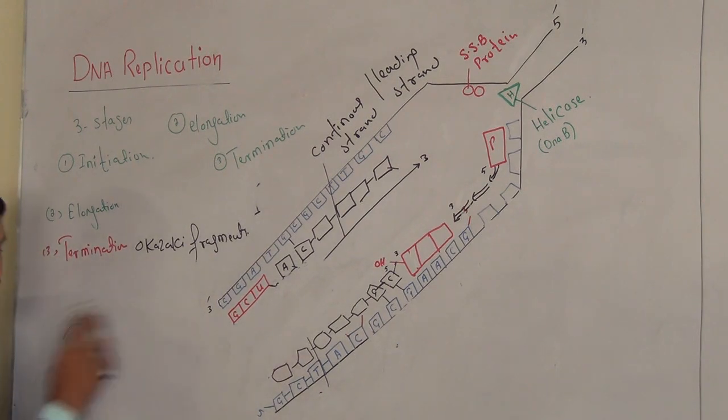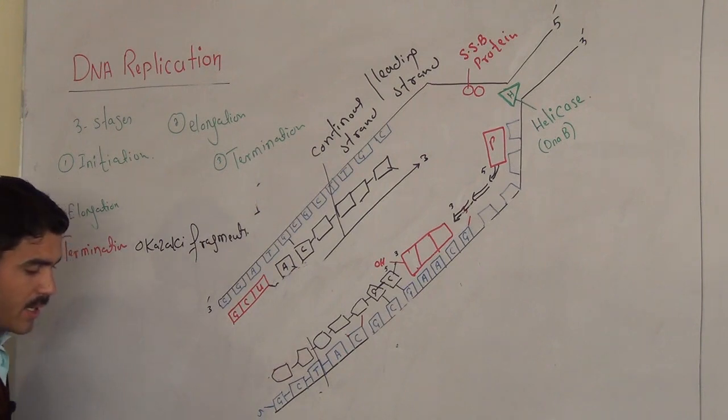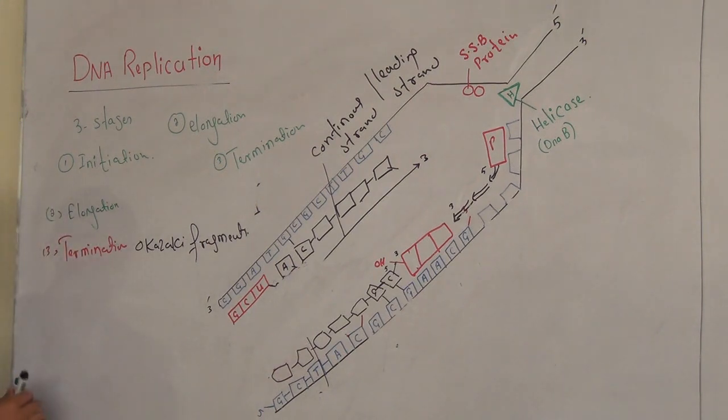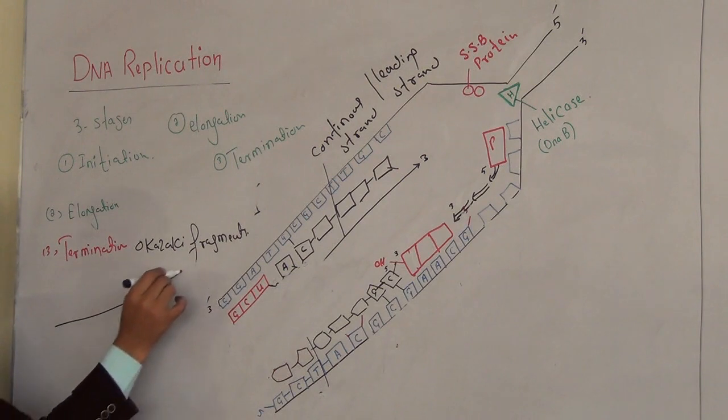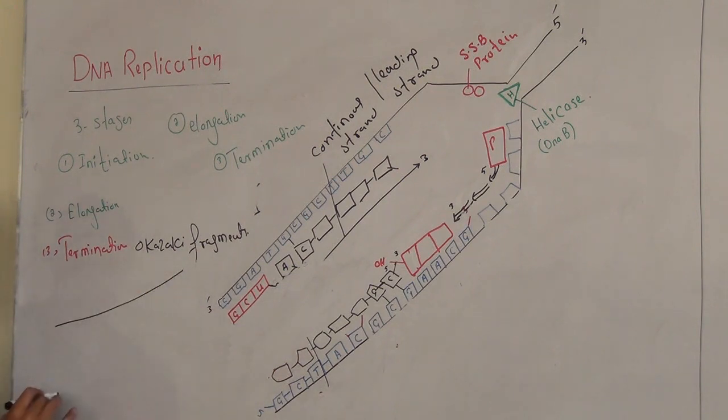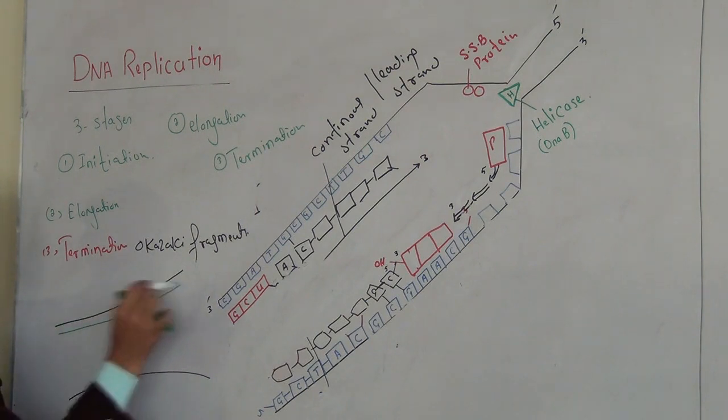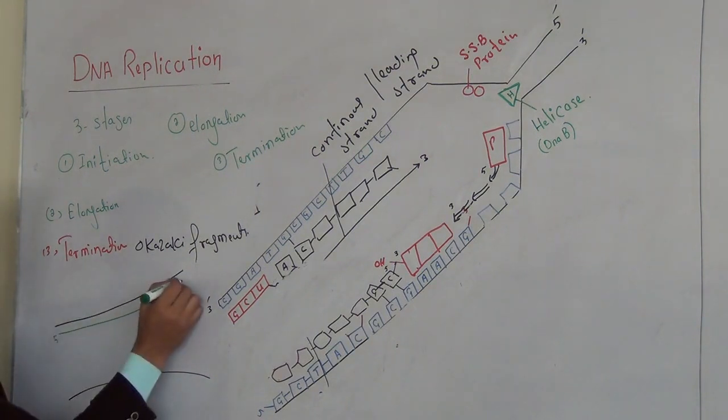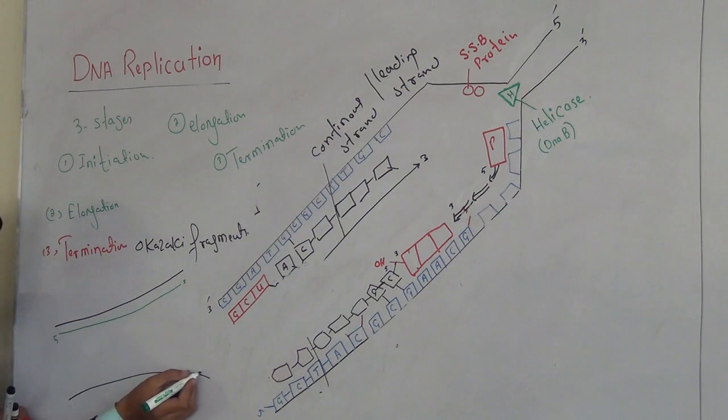And now let's suppose this was one DNA strand completely separated. This was another DNA strand completely separated, and in front of one DNA we got one continuous chain in the 5 to 3 direction, and here we got another chain, but this was in pieces.